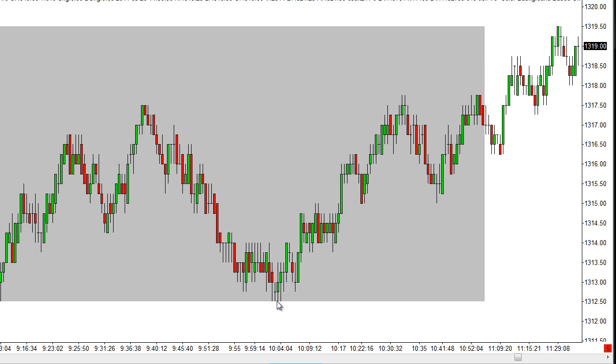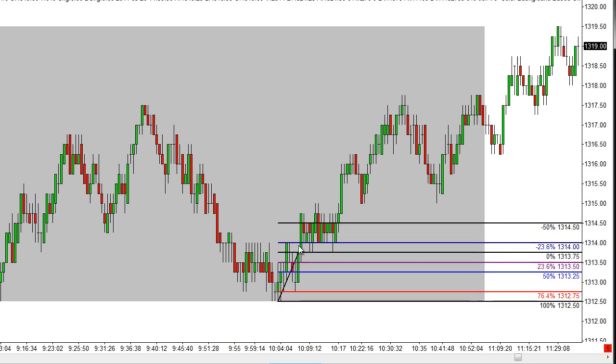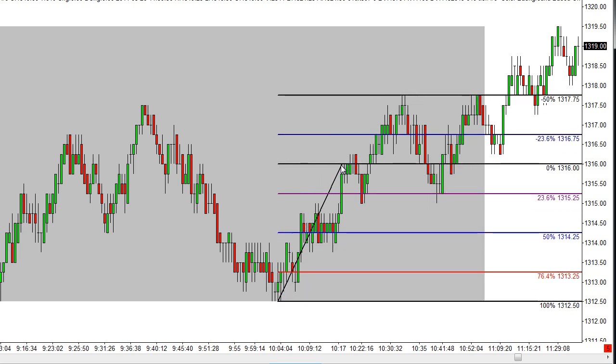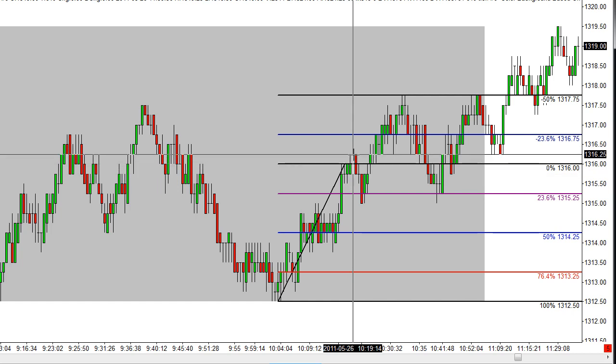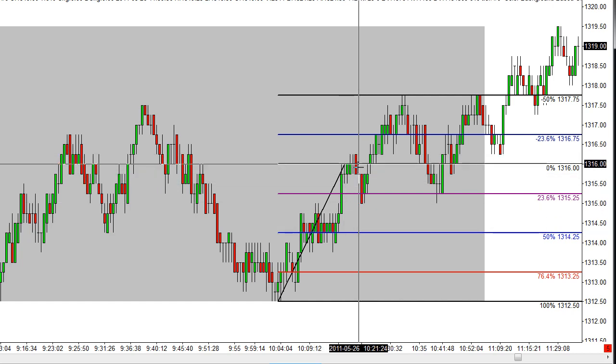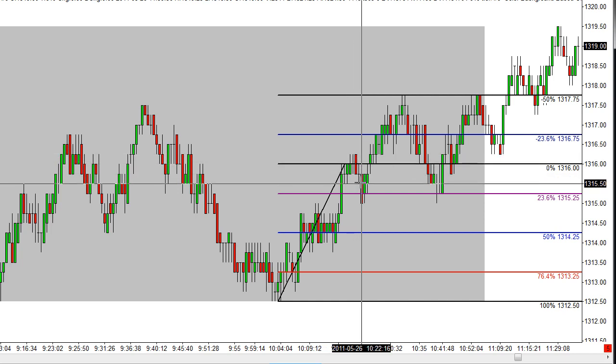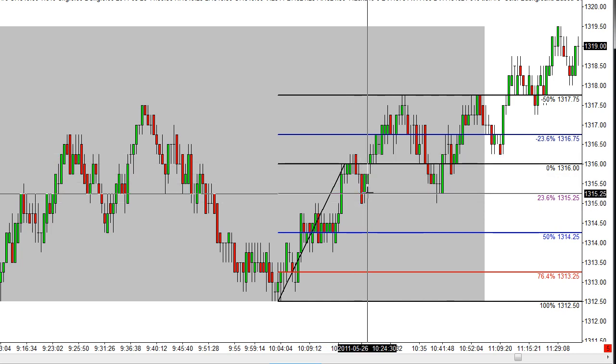Let's say for whatever reason I had a fib that was drawn from this pivot low to this pivot high. As you can see here, price goes through the 0% line without ever coming back to the 50% retracement, and then retraces back to the positive 23.6% line, which is the number one stated here.